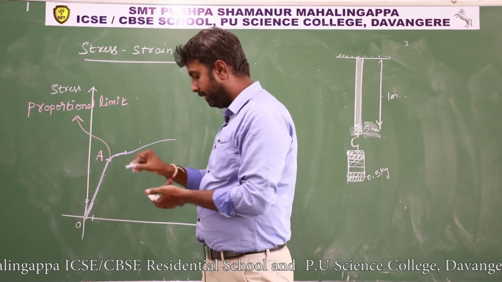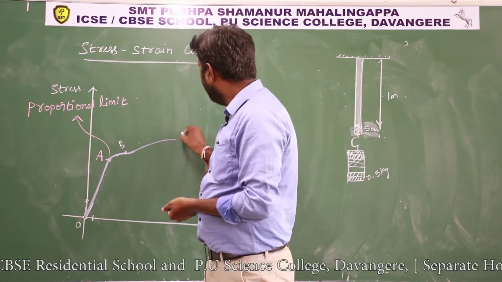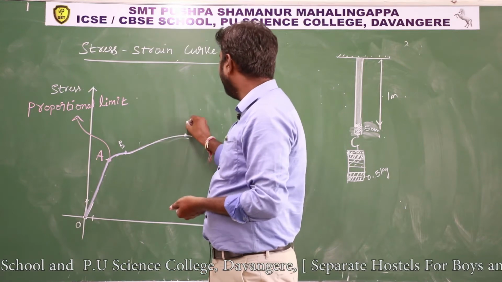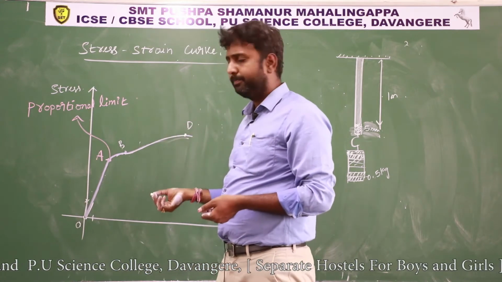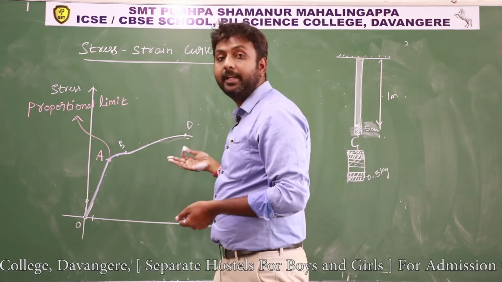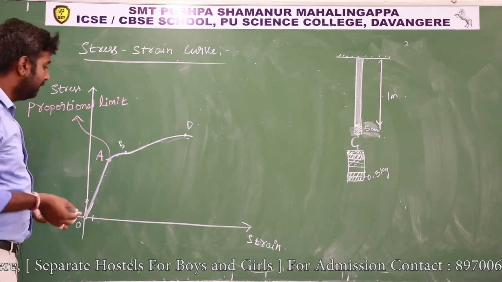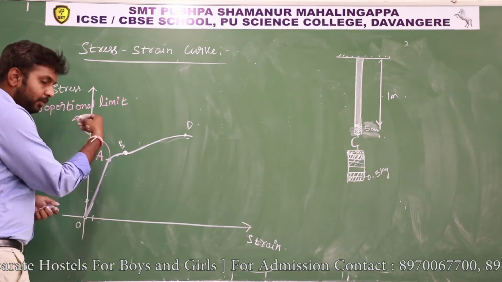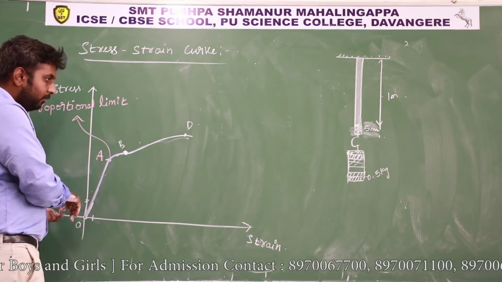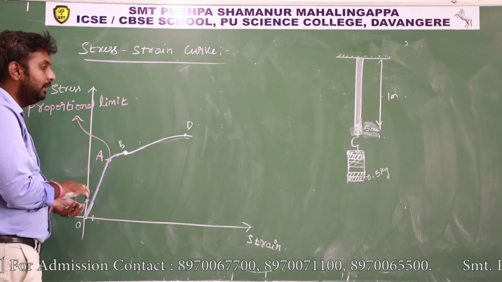After A point, let us consider from B point to D point, for even a small stress, the strain produced is very large. And we know that up to B point, if you remove all the load, it definitely regains its original length.